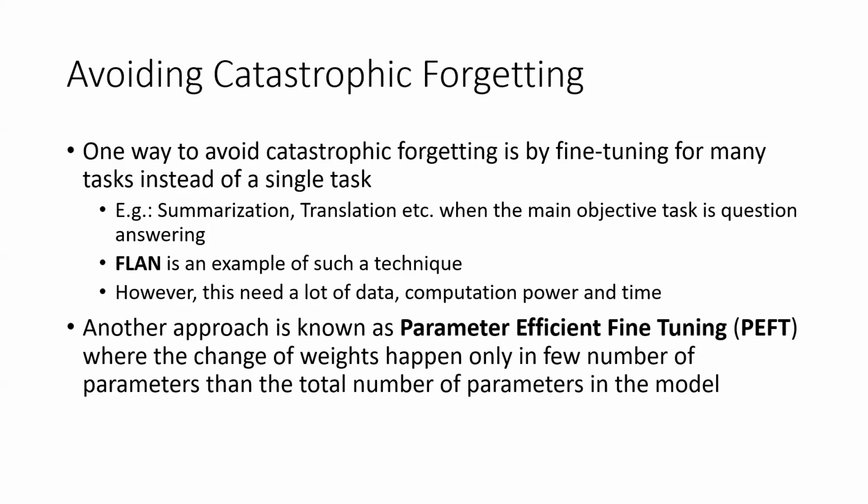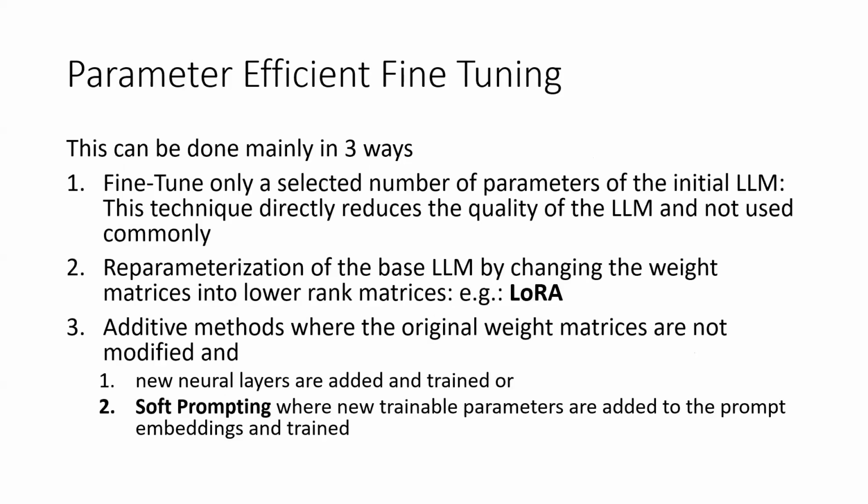This is known as PEFT, or parameter efficient fine tuning. Mainly, there are three ways of parameter efficient fine tuning. The first way is that we can select a subset of the parameters in the LLM and train them. But this is not an efficient way, because when you select only some of the parameters, it would reduce the performance, accuracy, or quality of the model. So this is not generally done.